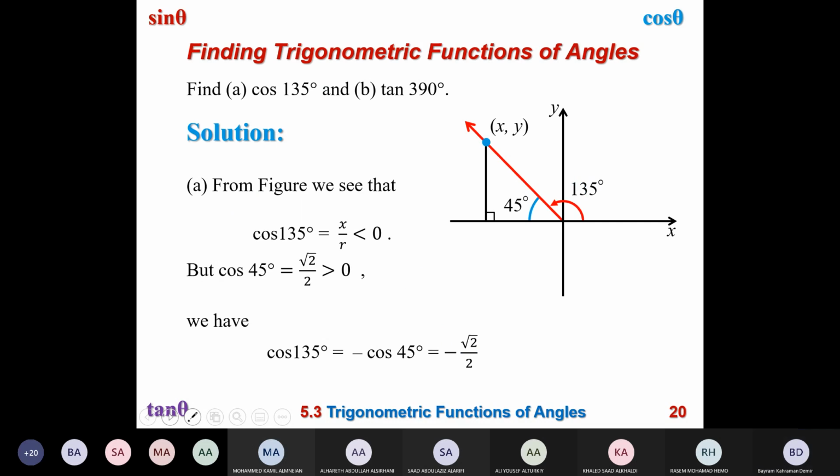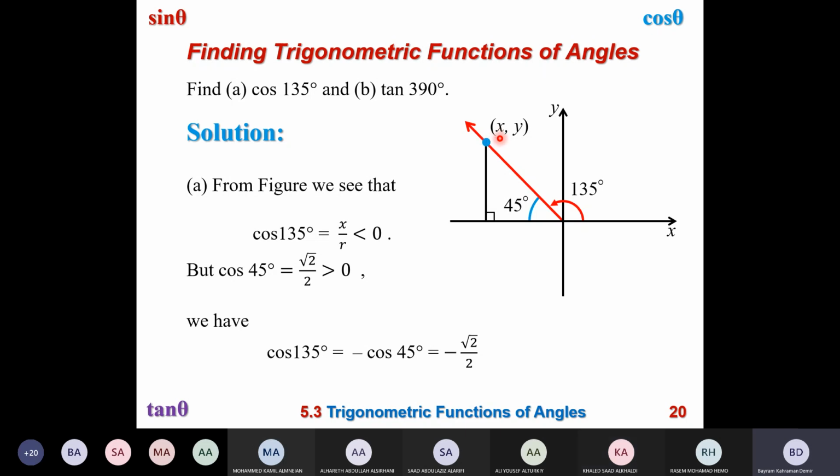So imagine we are trying to calculate sine or cosine of 135 degrees. As you see, the terminal side is in the second quadrant. And remember, how did we calculate the trigonometric values of theta? By using a point on the terminal side, right?